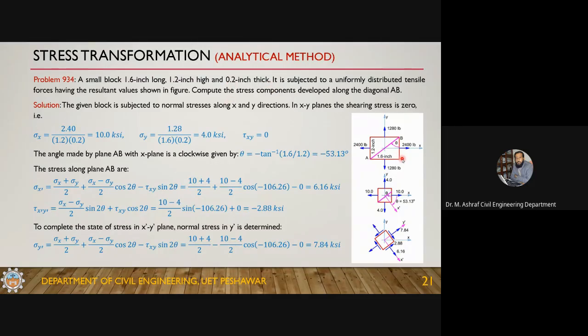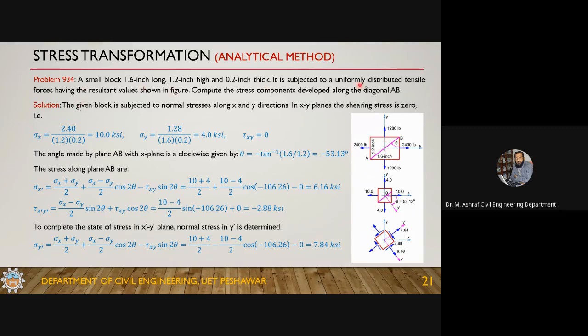It is subjected to a uniformly distributed pressure whose resultants are given. So this is not a concentrated force. This is a uniformly distributed force acting on this side, but its resultant is 2400 pounds. Similarly, this 1280 is a force acting uniformly distributed on this side, and this is the resultant of this force.